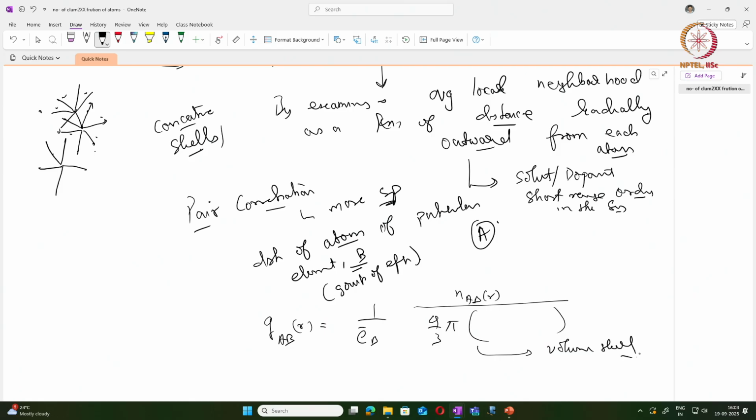This RDF can be used as a partial radial distribution, or you can also use it as a pair correlation function. Here rho_B is the density of B atoms, and N_AB is the average number of B atoms in the shell at a distance r around an A atom.